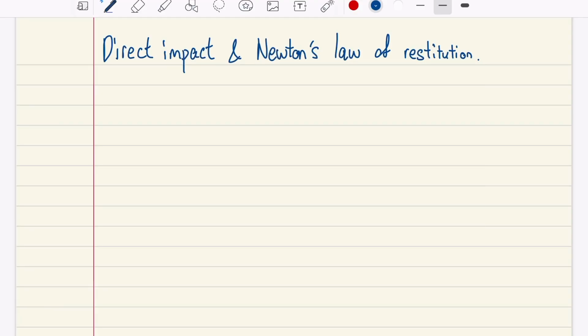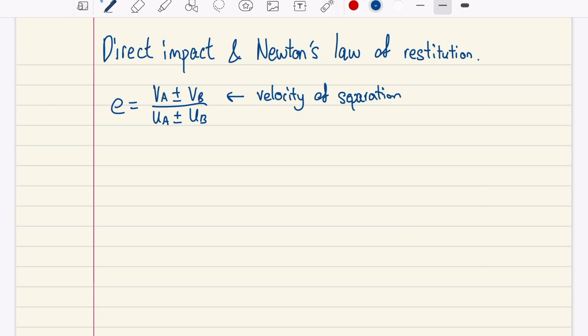So the formula for Newton's law of restitution is e equals vA plus and minus vB divided by uA plus and minus uB. We call the numerator the velocity of separation, and the denominator the velocity of approaching.